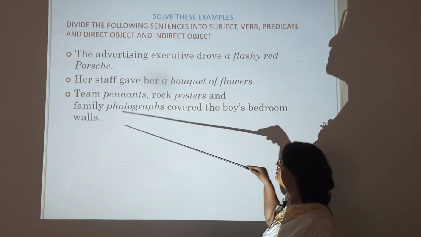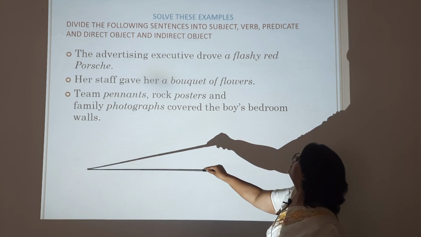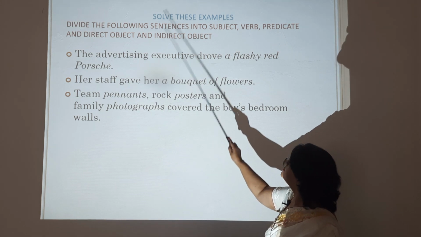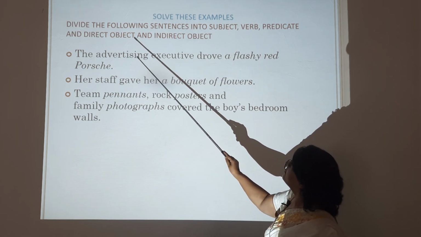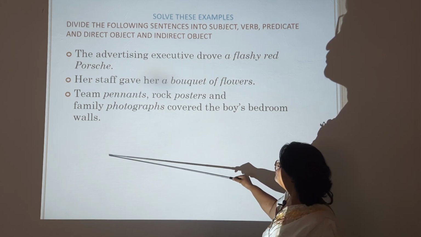Then write the answer. What is the subject? Write it down. What is the predicate? That is how I want this bifurcation for every sentence: subject, verb, predicate, direct object and indirect object.